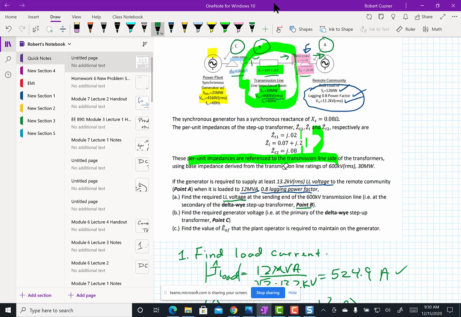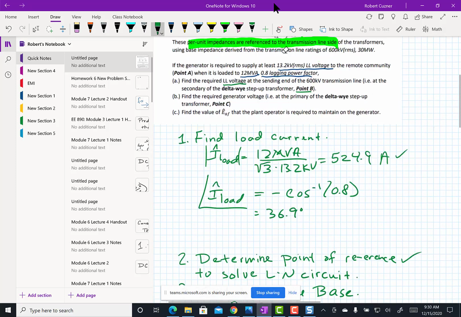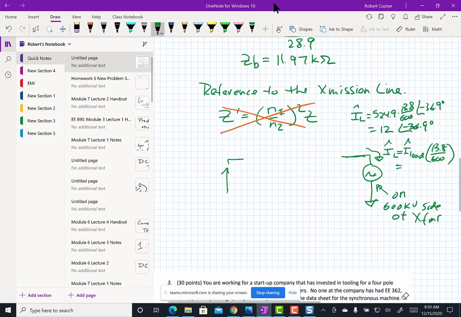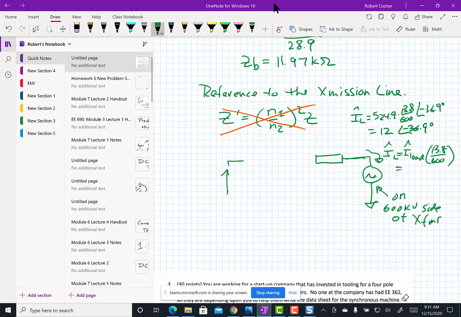I said find it at the sending end, right? So I'm actually not going to worry about this. I'm only going to worry about these 2 impedances here to get to that one. So I've got 2 impedances in series, the Z transformer 2 impedance and the Z line impedance, and I'm trying to find this voltage here.